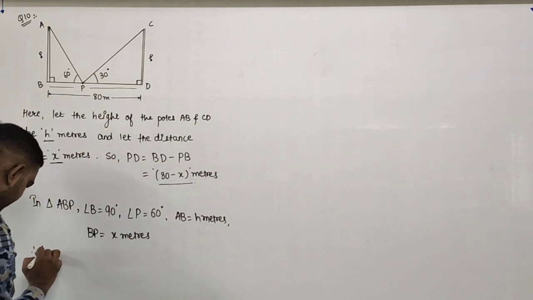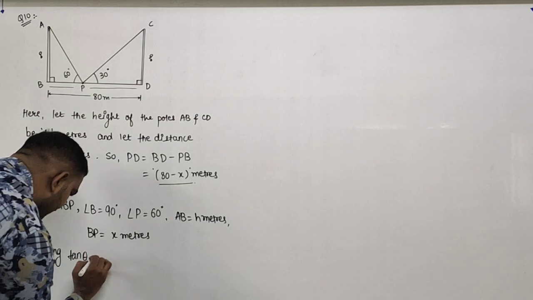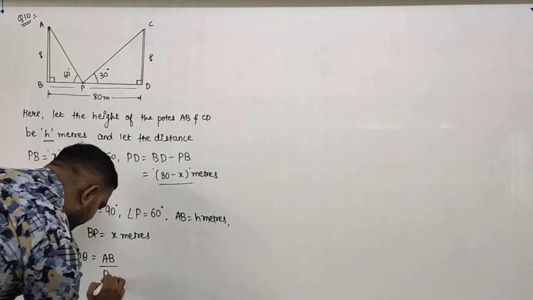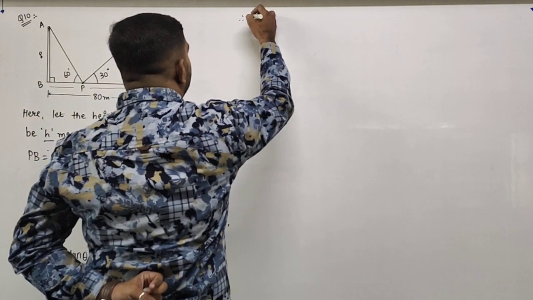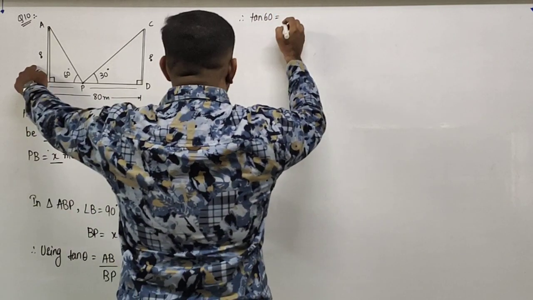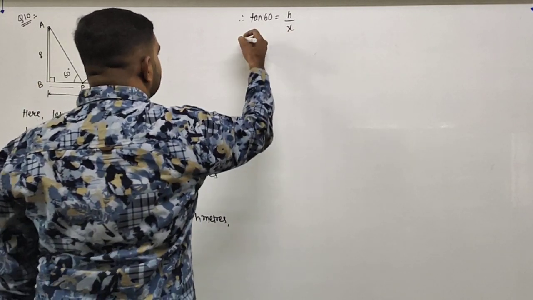Therefore, using tan theta is equal to AB upon BP, tan 60 is equal to AB, that is h divided by BP, that is x.